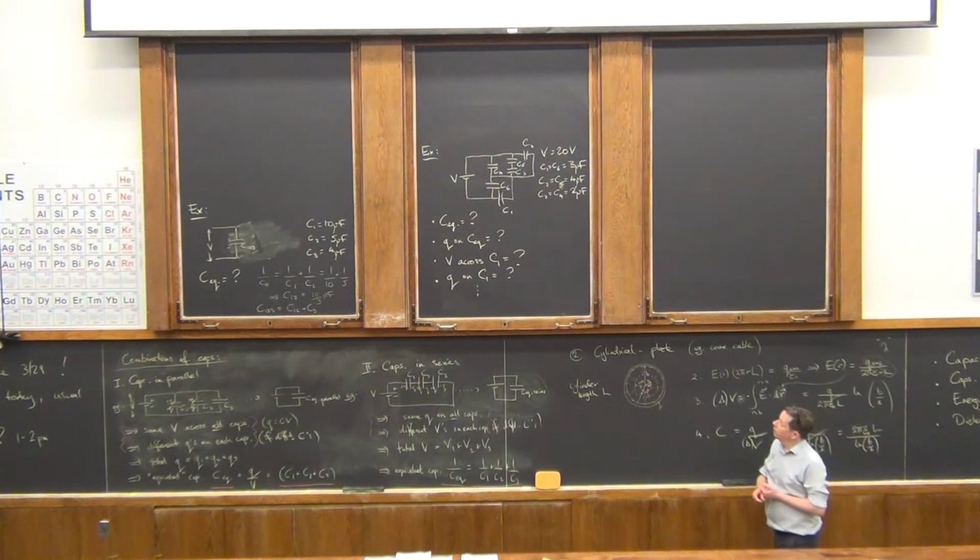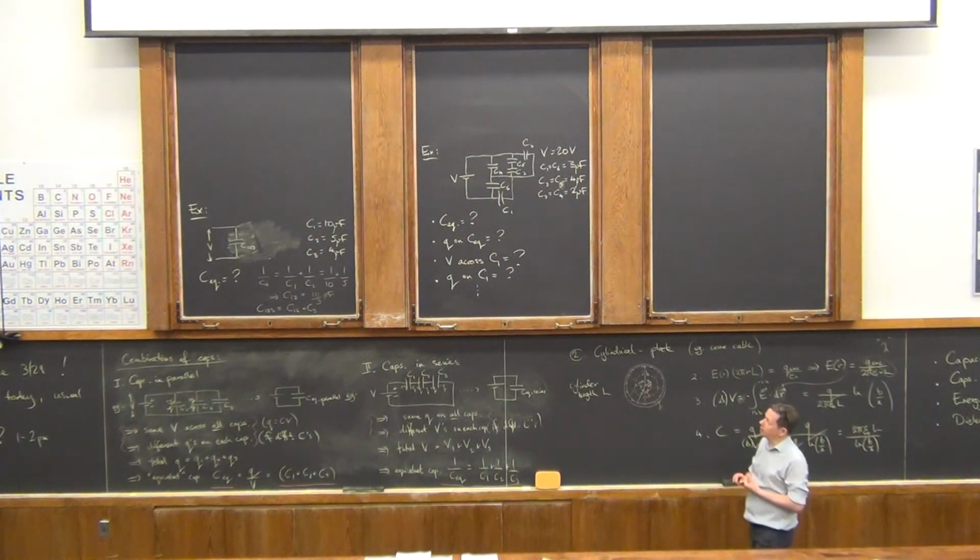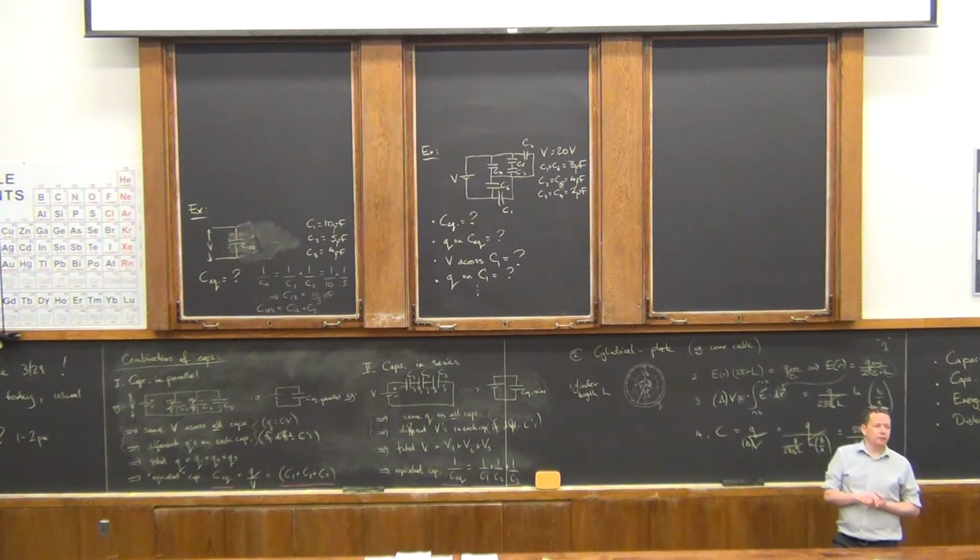Okay? So, the first step, I'm going to ask you to simplify this and come up with an equivalent capacitance, a single capacitance. The implication being that I can simplify that 6 capacitor array into a single equivalent capacitance. I want you to tell me what it is. Then I want you to tell me what the total charge across that equivalent capacitance is.